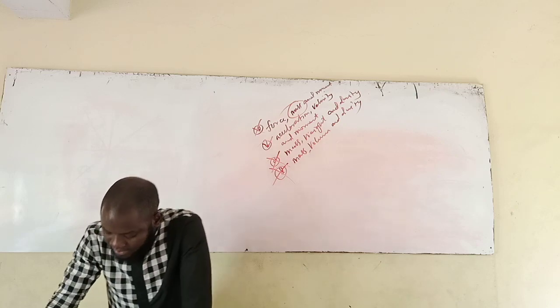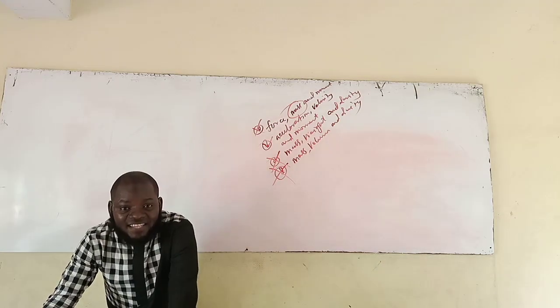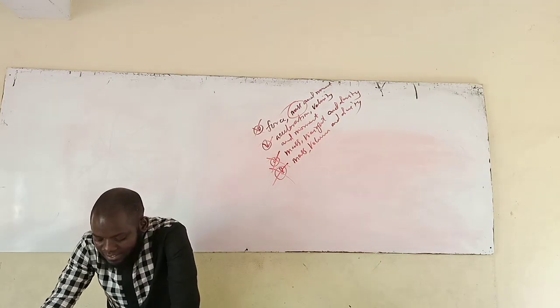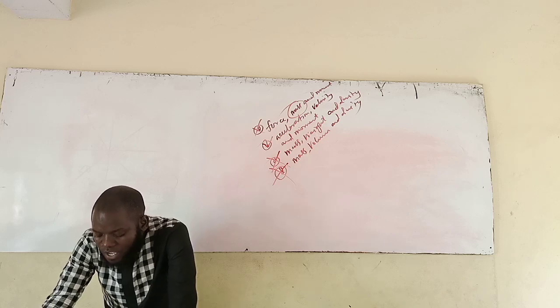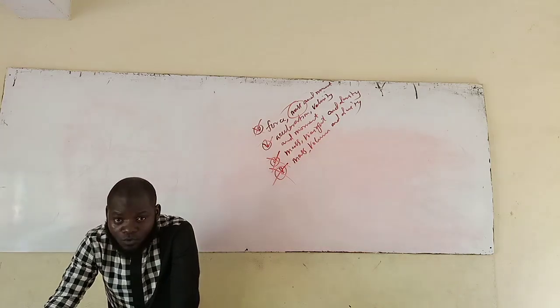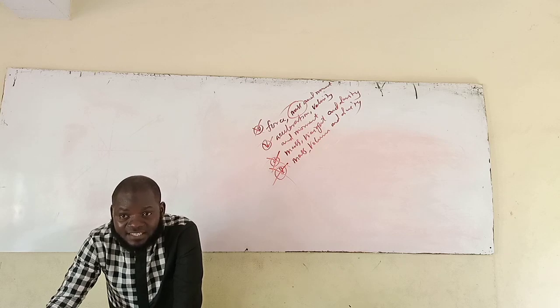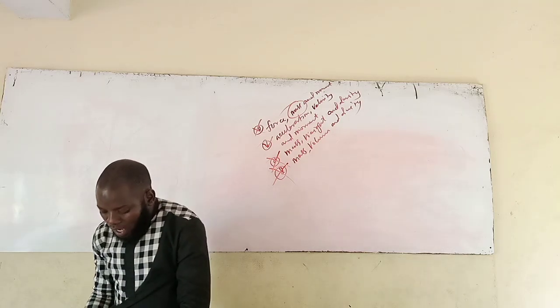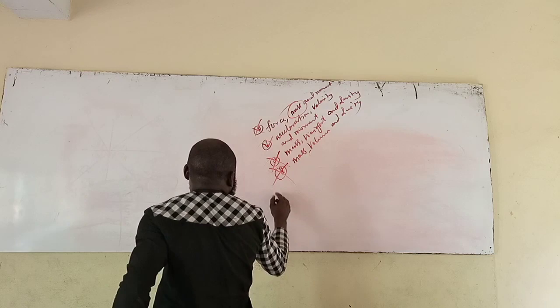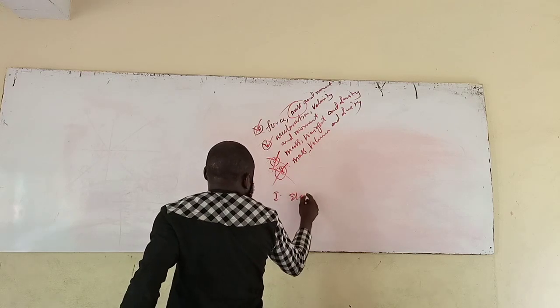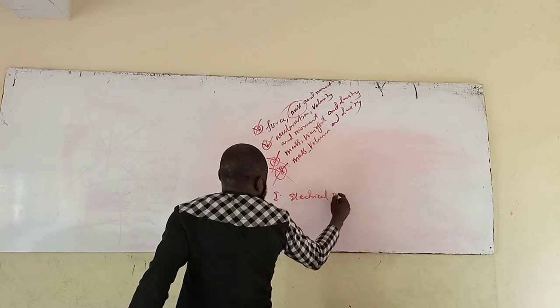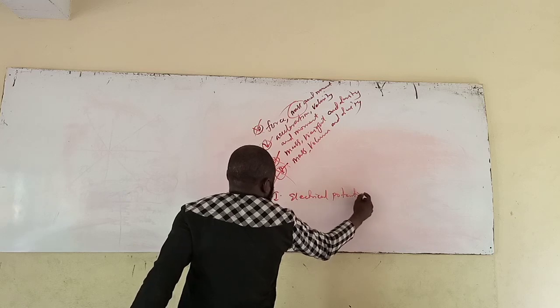The second question is JAMB 1992 number 1. Which of the following quantities are scalar? Roman figure 1, we have electrical potential.